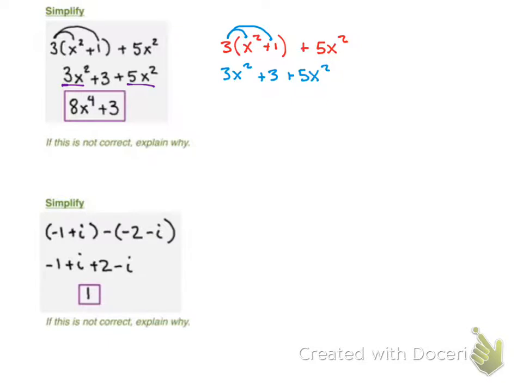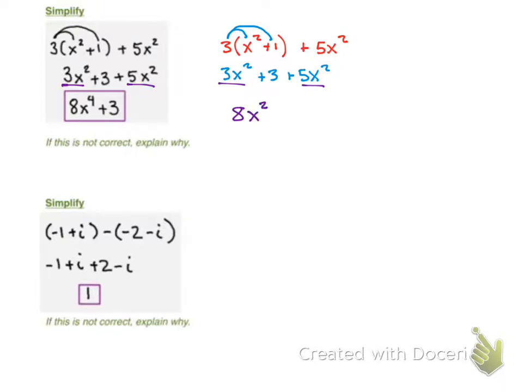Right, so we're going to do the same, except, because we want standard form, we always have to start with the highest exponent first. So 5 plus 3 is 8. And now here's where the mistake was made. When you're adding x squared plus x squared, it stays x squared.